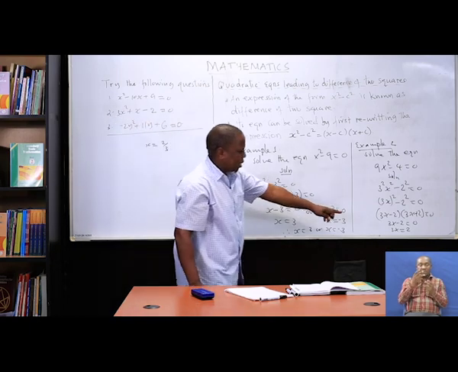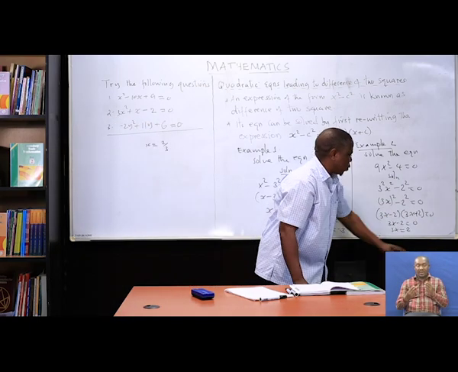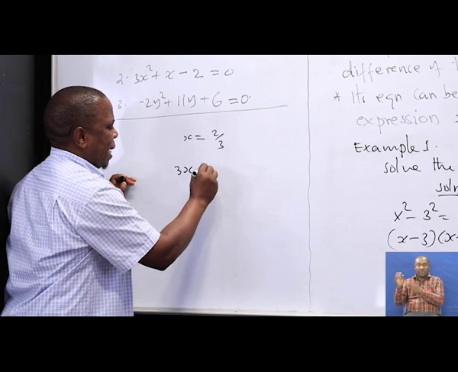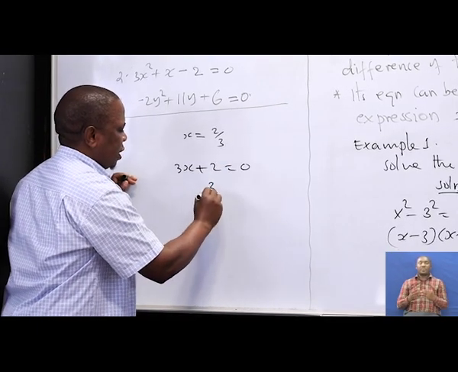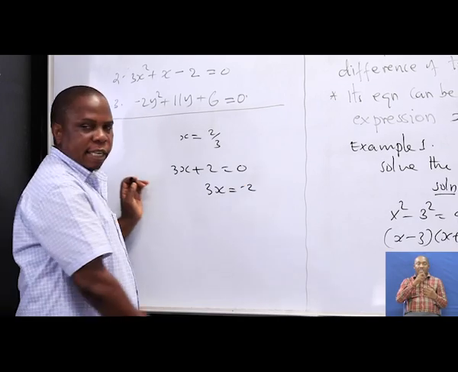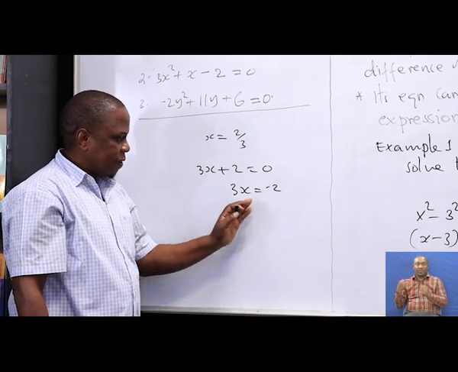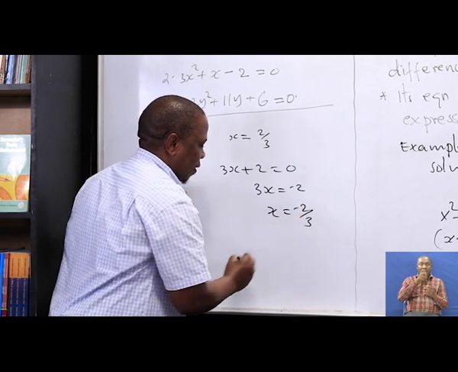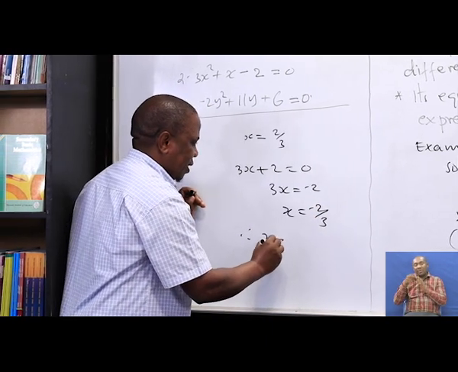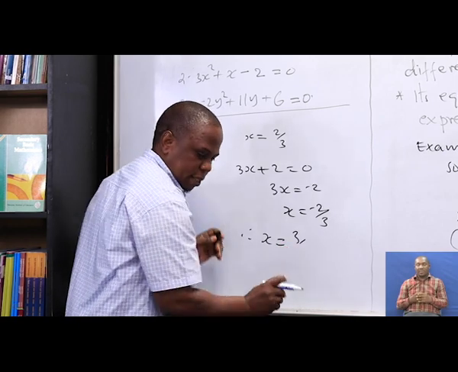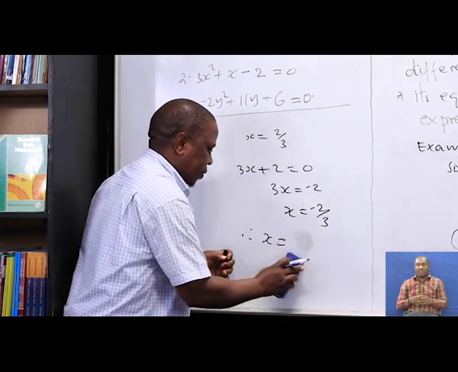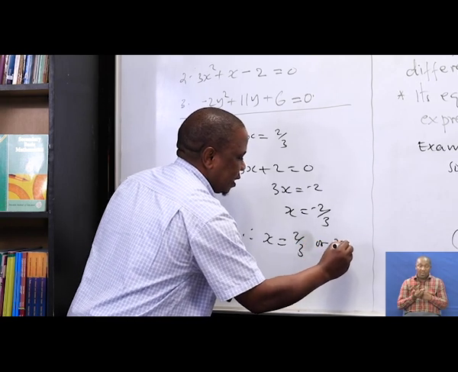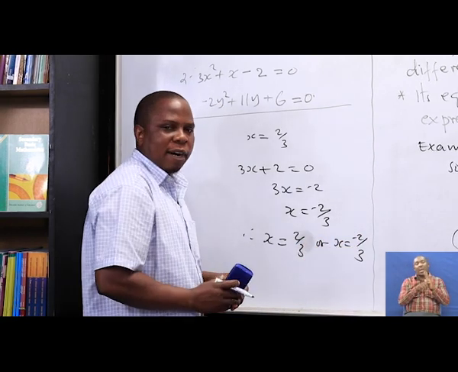That's the first one. The second one, 3x plus 2 is equal to 0, of which 3x is equal to negative 2. Divided by 3 throughout, you will have x is equal to negative 2 over 3. Therefore, our value of x is equal to 2 over 3 or x is equal to negative 2 over 3.